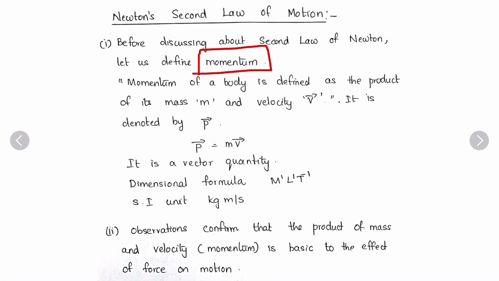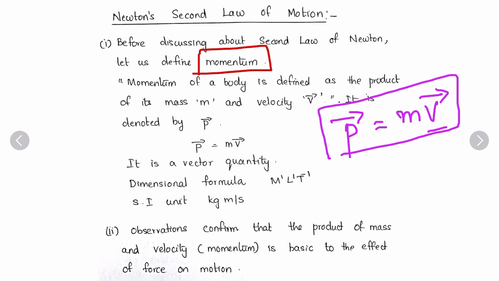It is a vector quantity. It is denoted by the letter p. P is equal to mass into velocity. Mass is a scalar quantity and v is a vector quantity. P is equal to m into v.